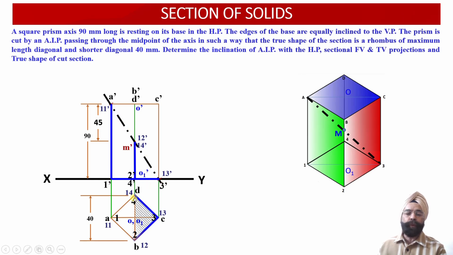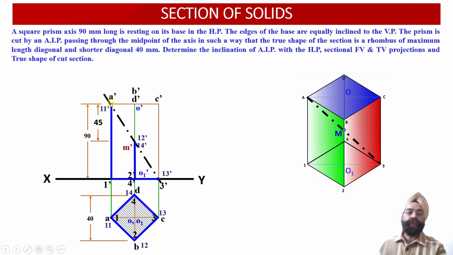Similarly in the top view projections, this is the portion of the solid which is left behind, and it is going to coincide with the sectioned top view or the sectioned apparent projections of the cut section over here. So we can check this cut section 11 dash, 12 dash, 13 dash and 14 dash. This cut section happens to be inclined with respect to the horizontal plane.